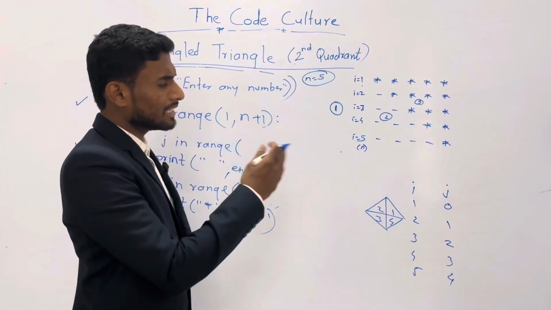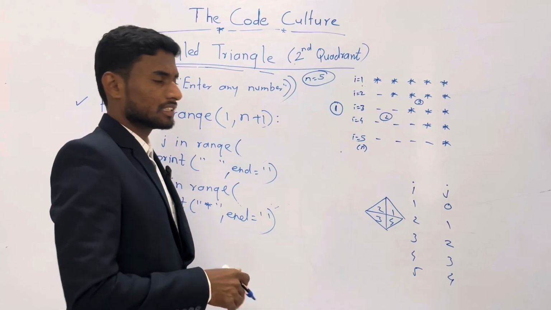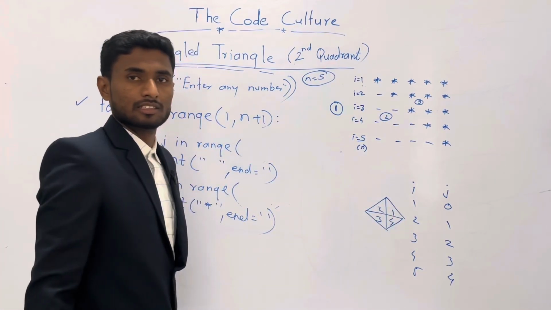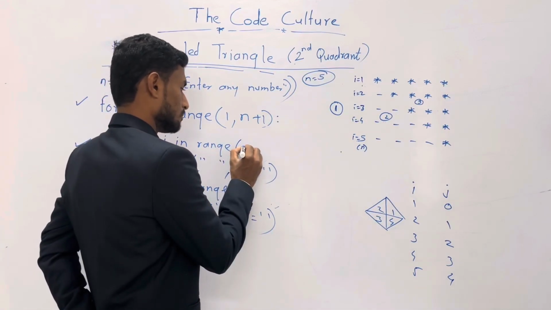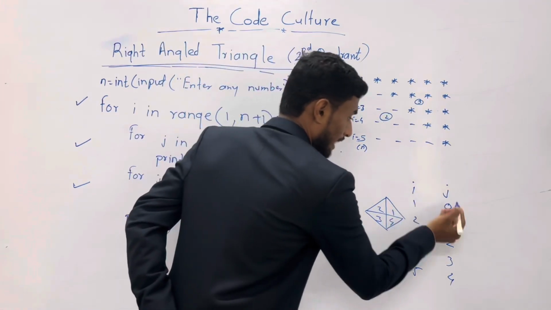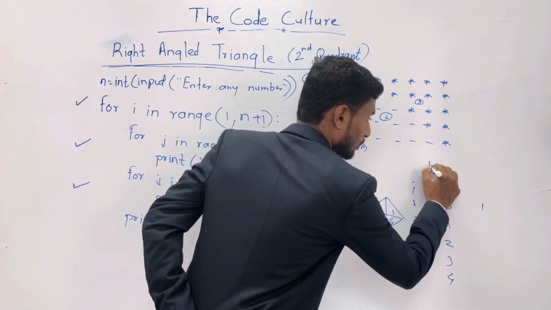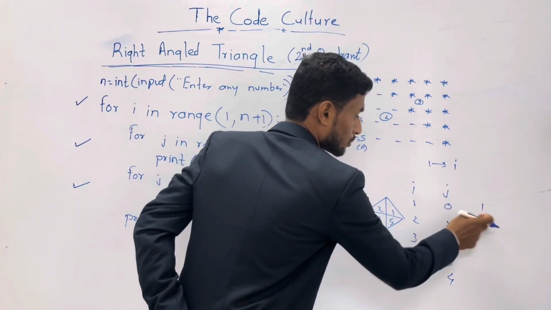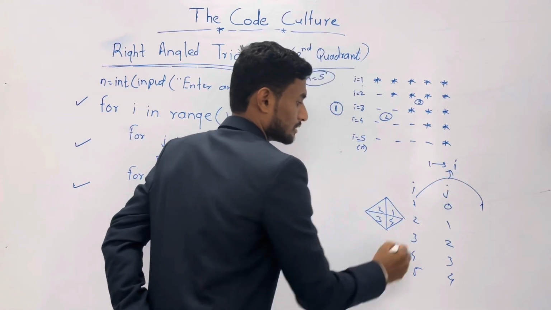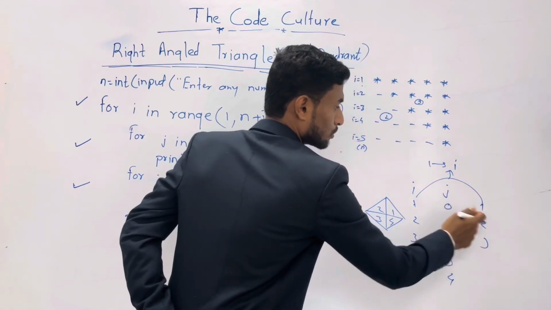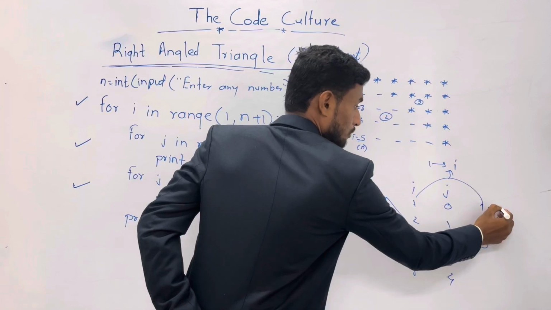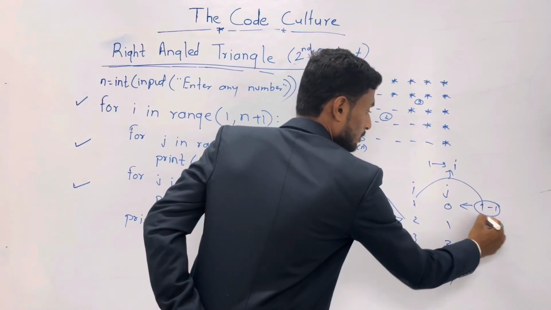So how can you relate this to write a condition in this for loop? Where am I going to start? I will start at obviously 1. But I am going 1 to i, meaning 1 to 1, 1 to 2, 1 to 3. Here I want to go 1 less: 1 minus 1 is 0, 2 minus 1 is 1.